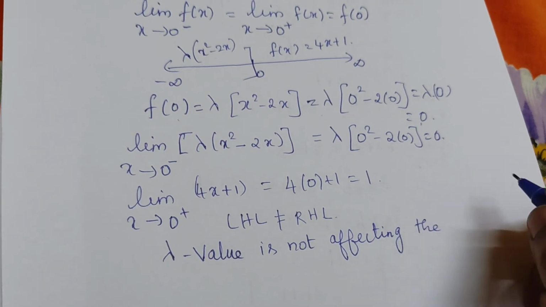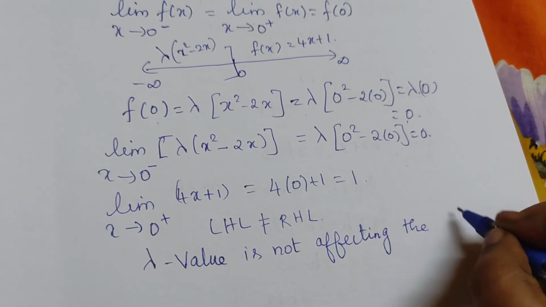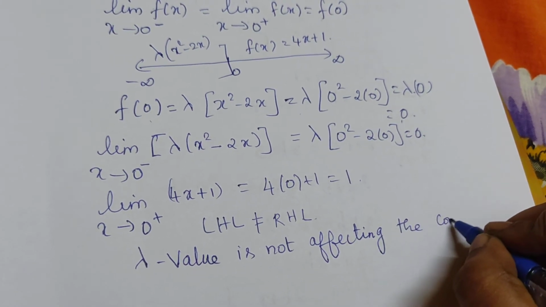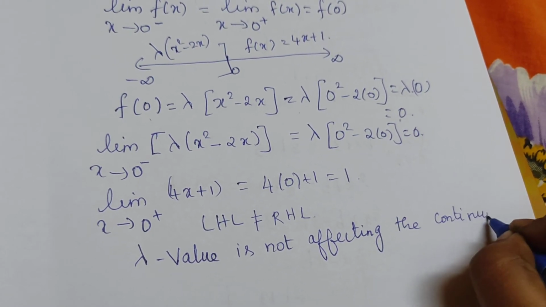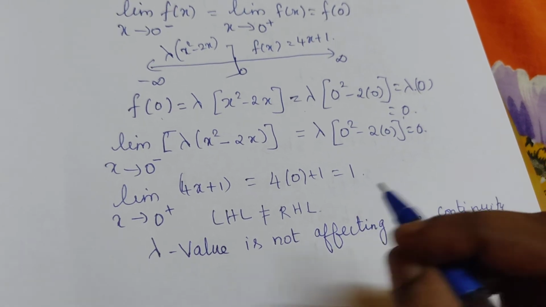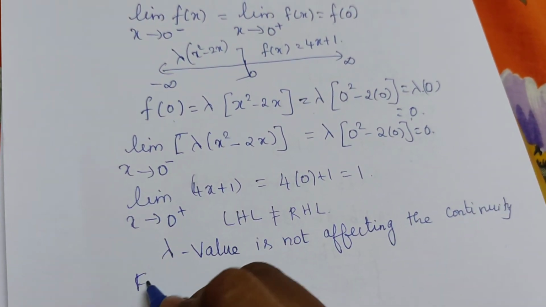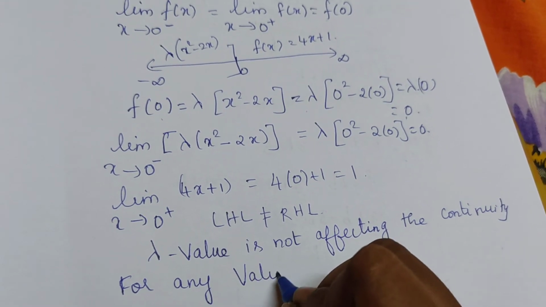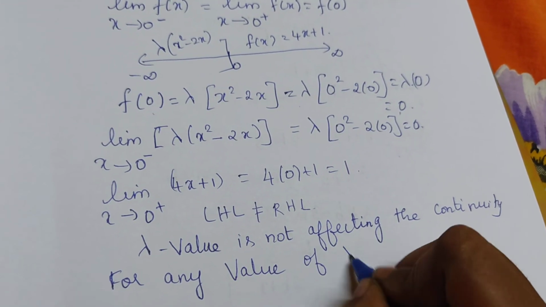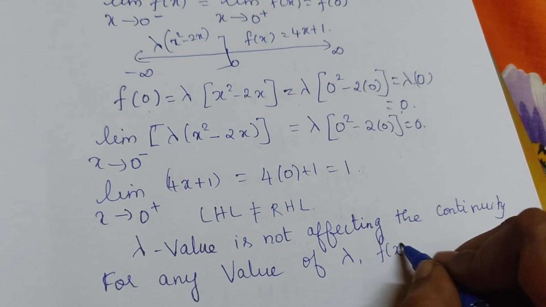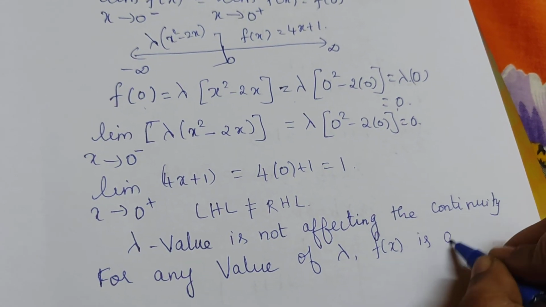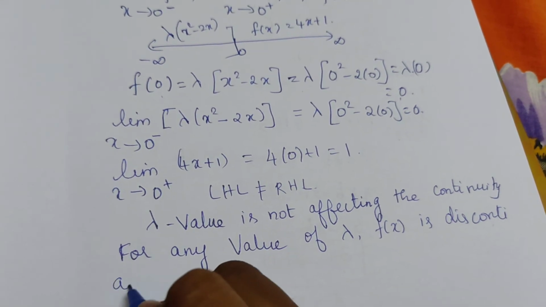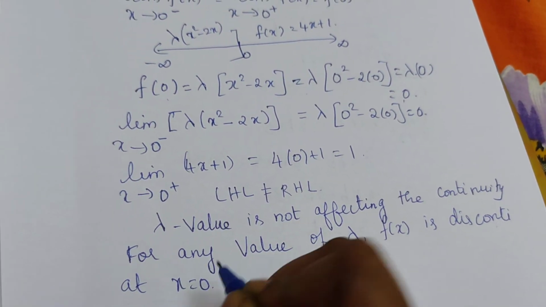So for any value of lambda, f of x is discontinuous at x equal to 0.